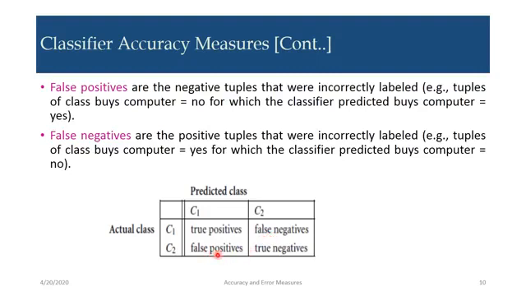This false positive is a negative tuple incorrectly classified as positive. Here it is a positive tuple incorrectly classified by the classifier as negative. So just see the difference. Now true negative means negative tuples truly classified by the classifier as negative. So these four terms you have to remember: true positive, false negative, false positive and true negative.